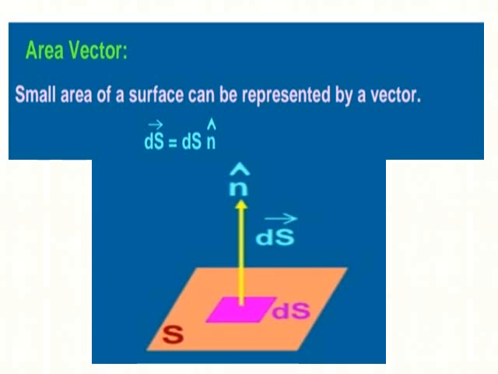And if we have a curved surface area, then we can imagine it to be divided into a large number of very small area elements, and each small element of the curved surface area can be treated as a planar area. And by convention, the direction of the vector associated with every area element of a closed surface is along the outward drawn normal.